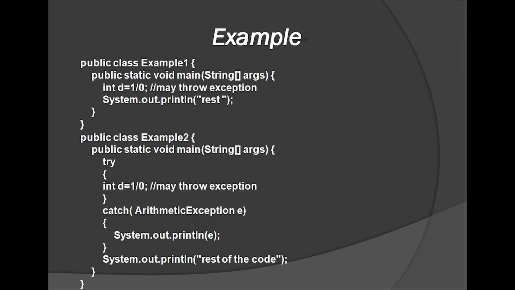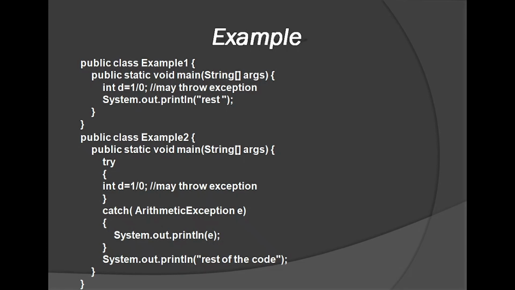If you don't know the type of exception, you can normally write Exception here. If the try block throws an error, it will directly redirect to the catch block and print the exception here. And since you put try and catch, the application will not get broken.